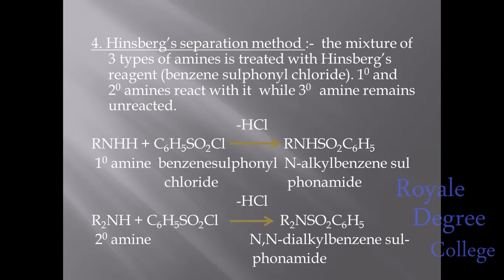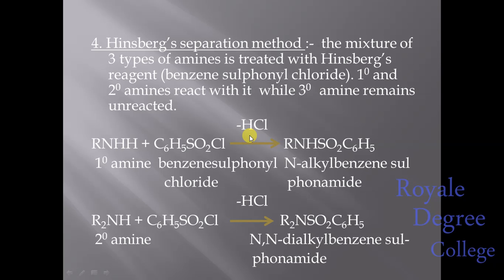For the primary amine we are taking R and NH2. In the expanded form we are adding R and N, H, H. It is the primary amine. In that we are adding benzene sulfonyl chloride, C6H5SO2Cl. So what will happen? From the primary amine, one hydrogen is coming out, reacting with the Cl of benzene sulfonyl chloride, and we are getting the side product as HCl.